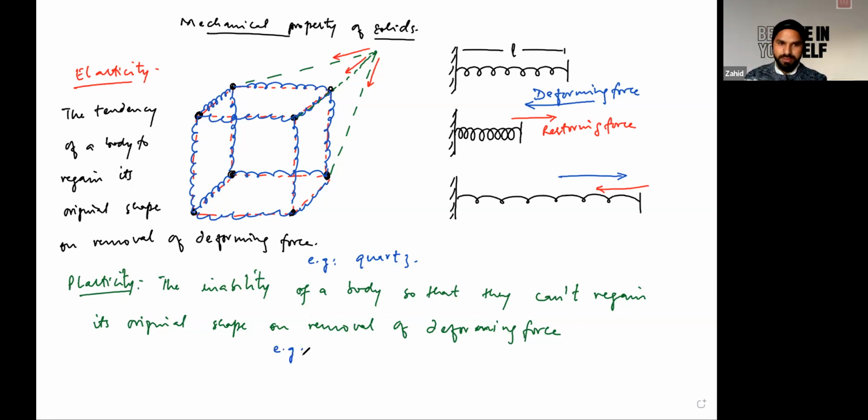But in general, we can say wax has the most plastic behavior. In general, the property of a body lies in between elastic and plastic. So we can say the behavior of a body lies in between elastic and plastic.